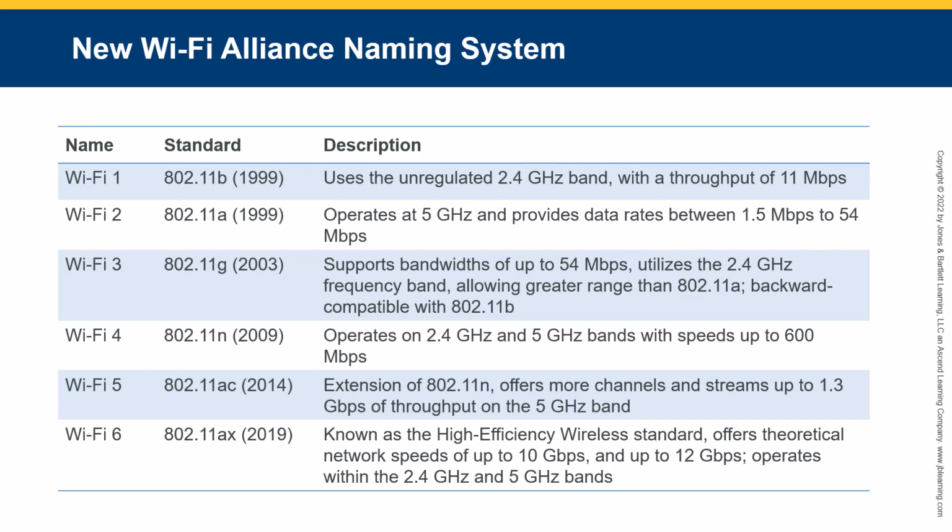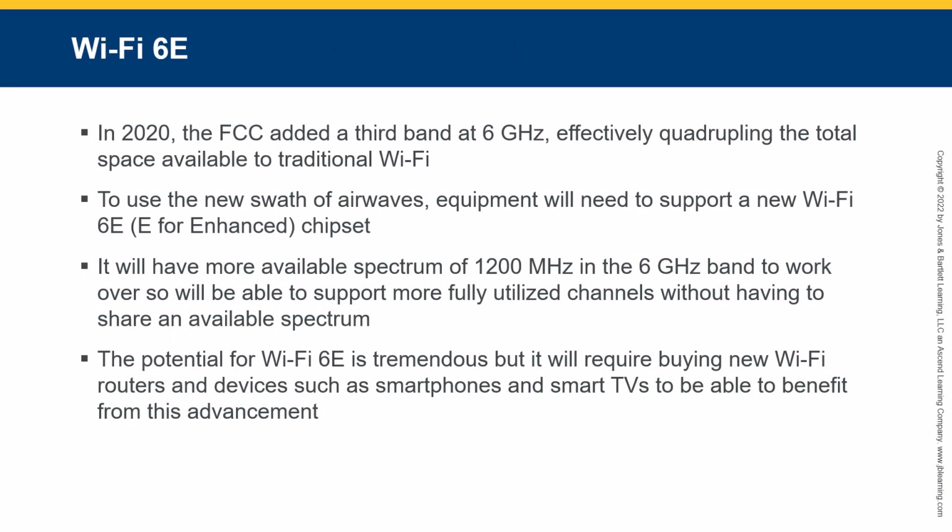What's really interesting is, after 2019 with Wi-Fi 6, we got a new standard called Wi-Fi 6E. Again, this is where they added the third band of 6 gigahertz. Not quite new enough to call it 7, but new enough to make a modification.